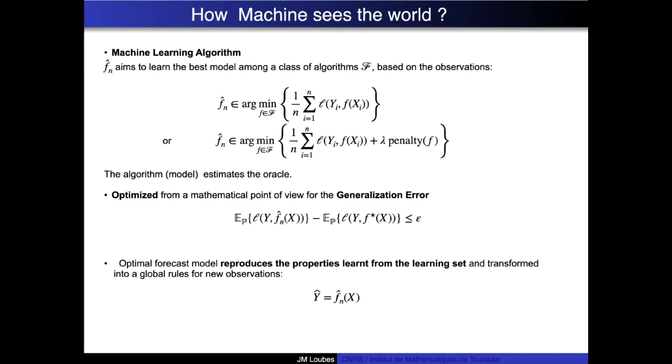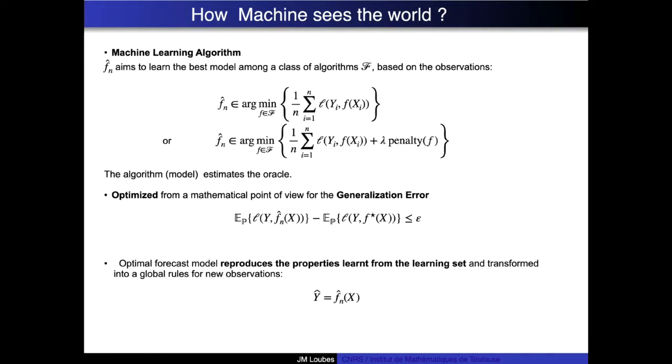Why? Because you have lots of theoretical results that show that you can control the generalization error, the excess risk, which is the difference between the loss of your model that you learned, f hat, and the best way you had to construct a model, that is the oracle.